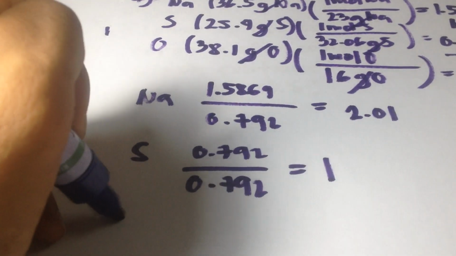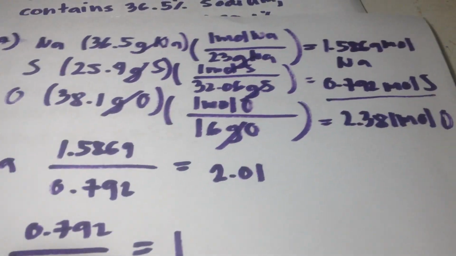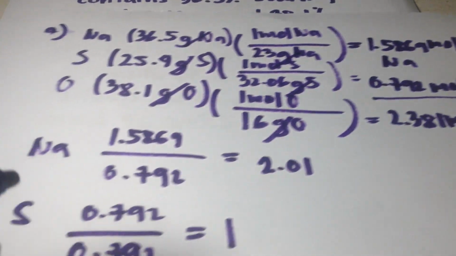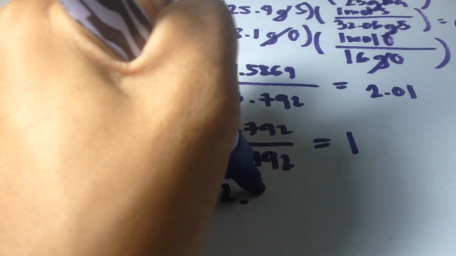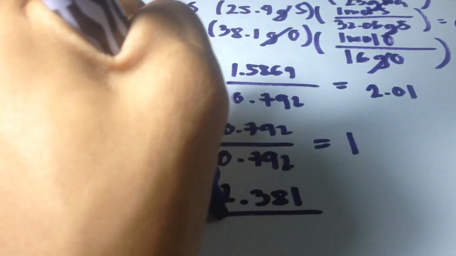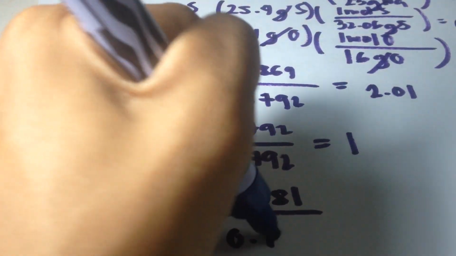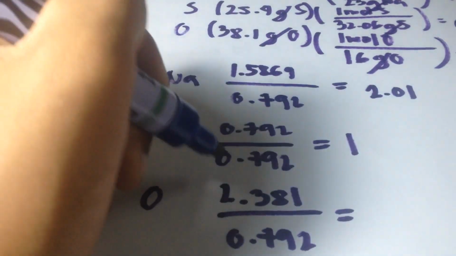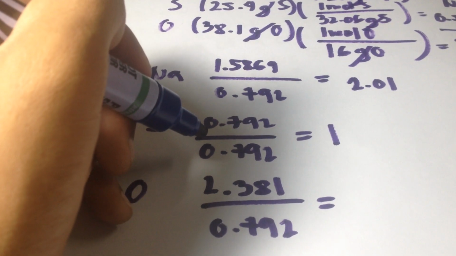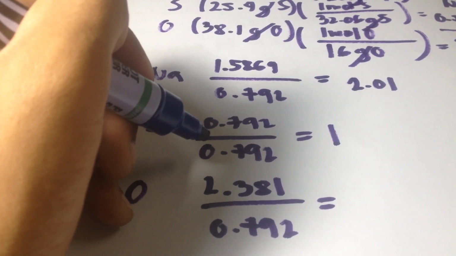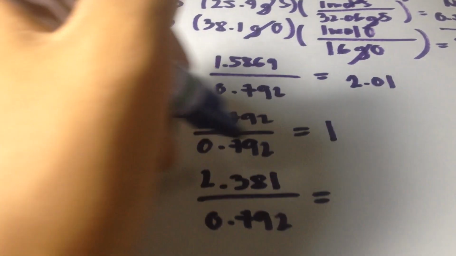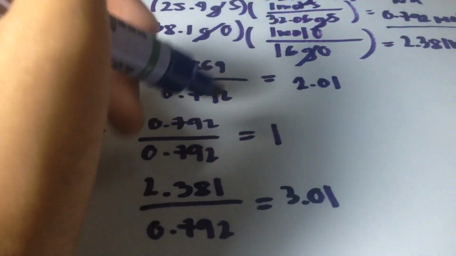And how about in oxygen? In oxygen, they have 2.381. And 2.381 divided by 0.792 is equal to 3.01.